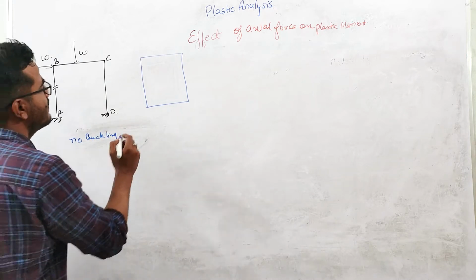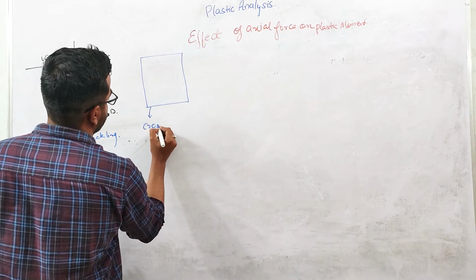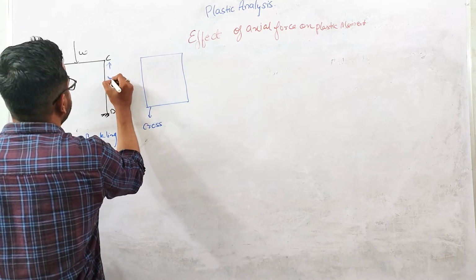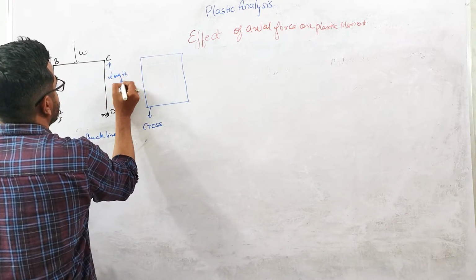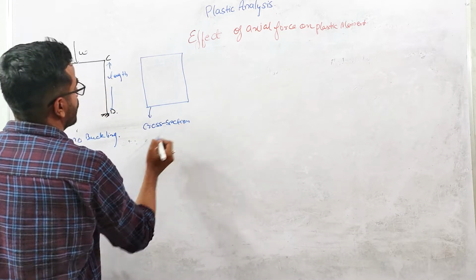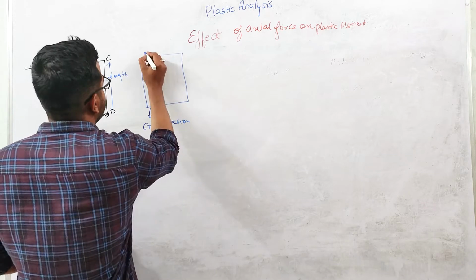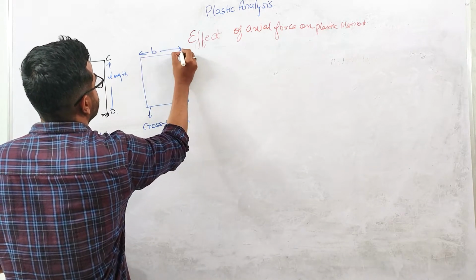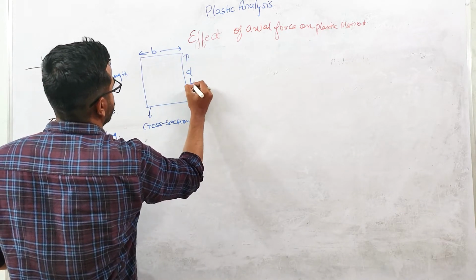This is the length of the column, and this is the cross section of the column. Let us suppose one dimension is B and another dimension is D.